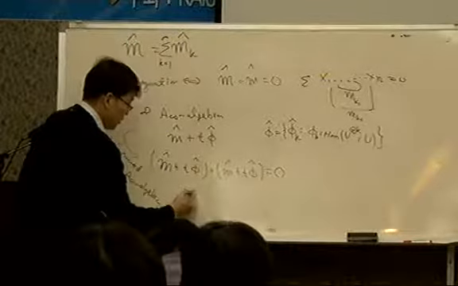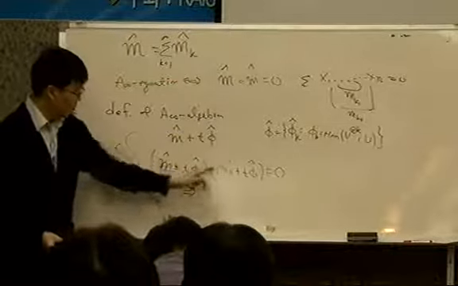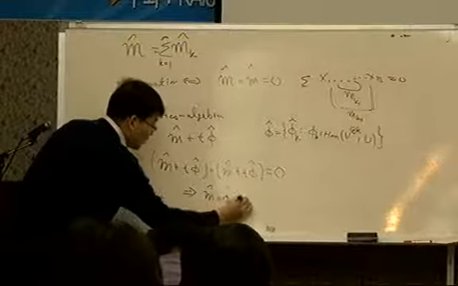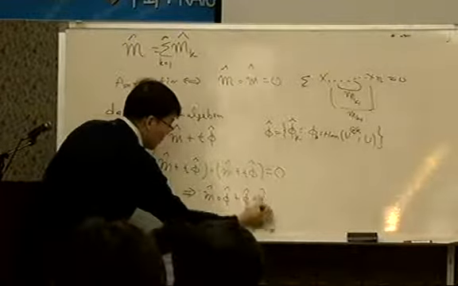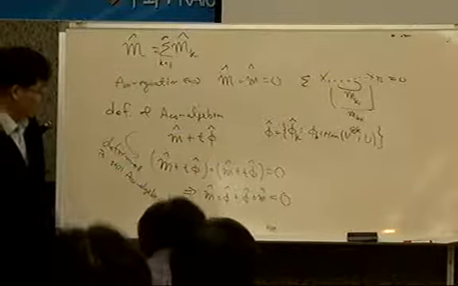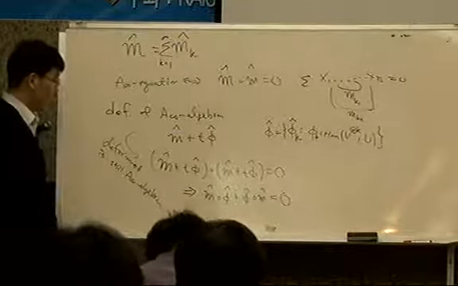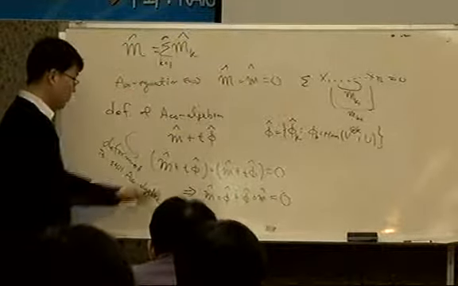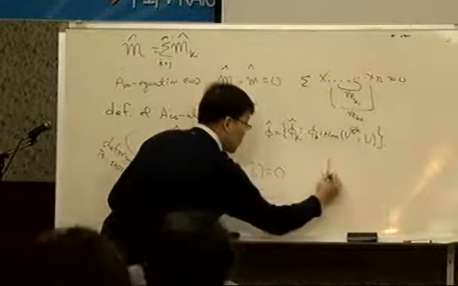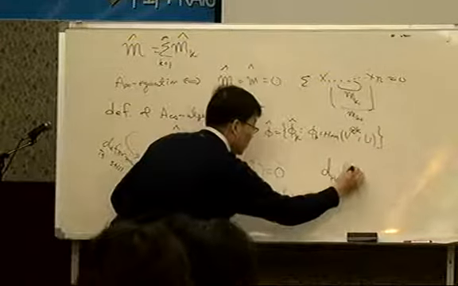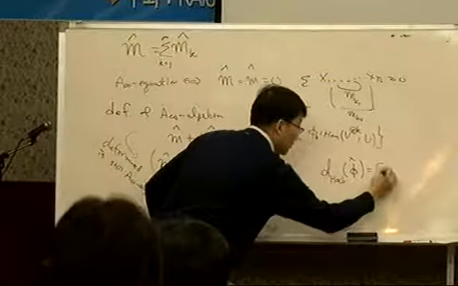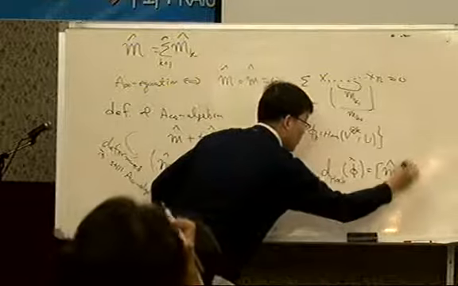Then if you think about this, M squared is 0. So what you get is M hat composed with phi hat plus phi hat composed with M hat equals 0, because T squared is equal to 0. So this is what's called the general Hochschild cohomology. The Hochschild cohomology differential of phi hat is defined to be the commutator with M hat.